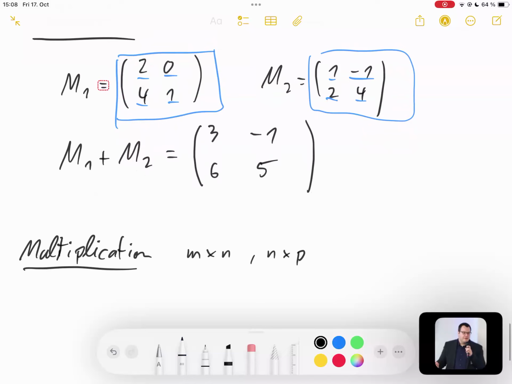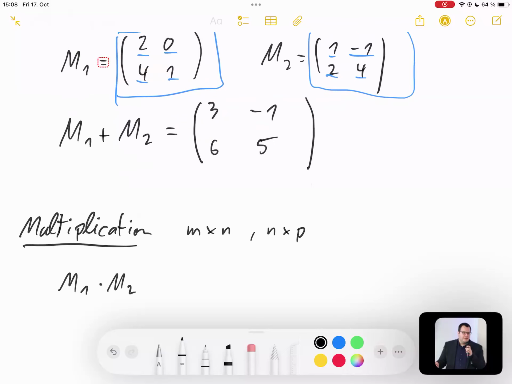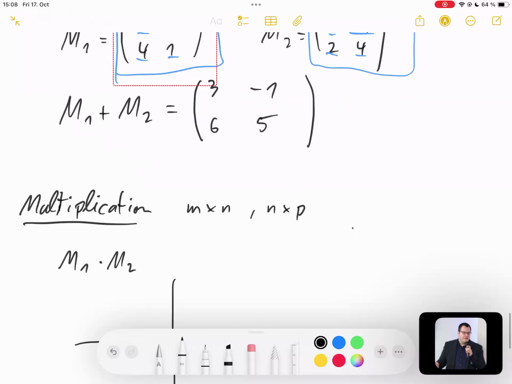So we will look at that now. We just assume M, N, and P are the same. We could just multiply M1 with M2. And there are different tricks how to do this.